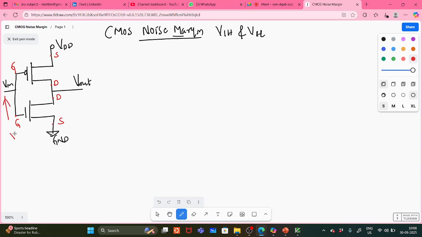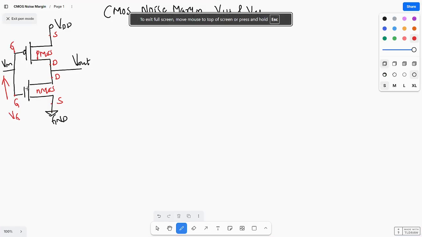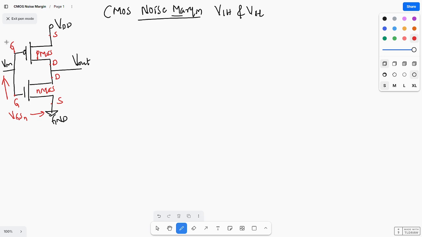This is VG. So this is PMOS, and this is NMOS. Next, this is VGSN, and this one is VGSP. And this one is VDSP, and this one is VDSN.